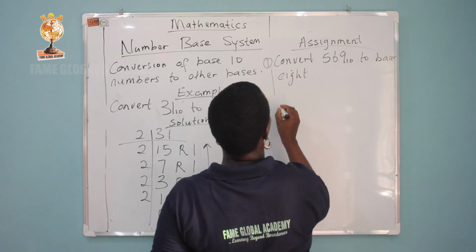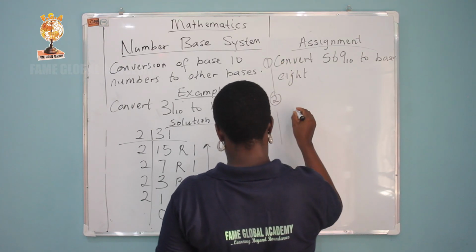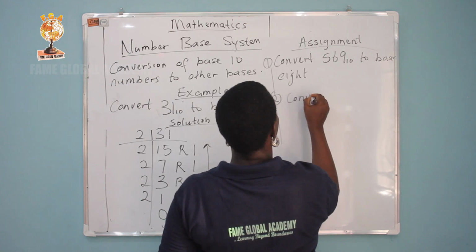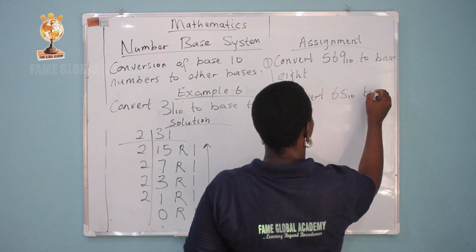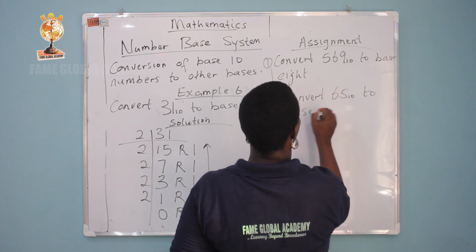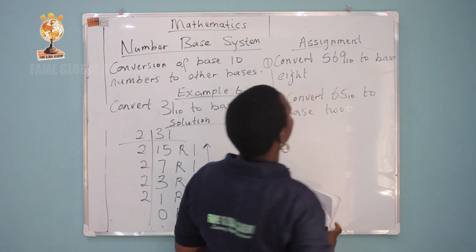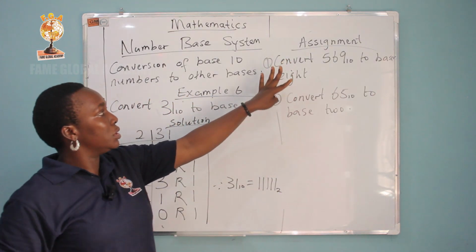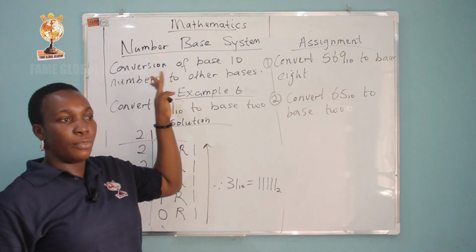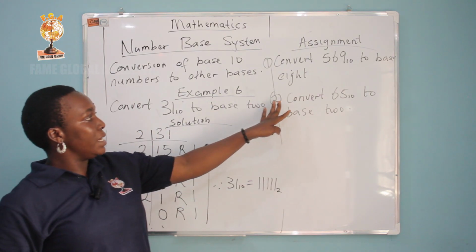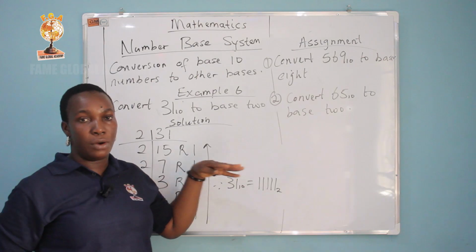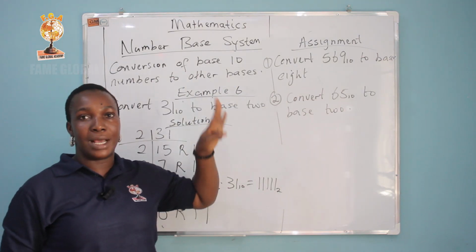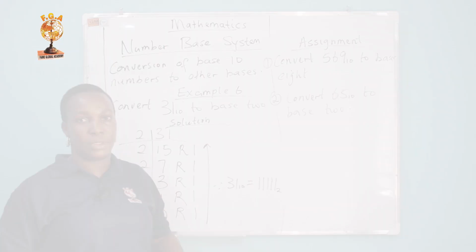This is question 1. Then question 2, convert 65 base 10 to base 2. Okay, so this number 1 question has to do with examples 1, 2, and 3, while this number 2 question is like examples 4, 5, and 6. Alright, so you do this assignment and submit it in the comment section.